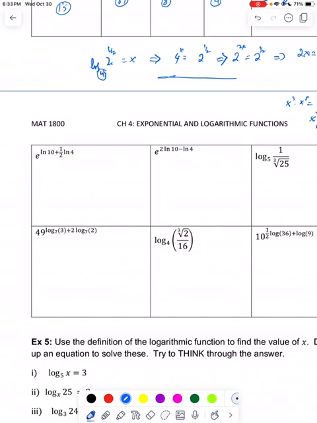Okay, so this can be written as e raised to ln of 10 times, because of the addition sign we have multiplication, times e to the 1/2 ln of 4.